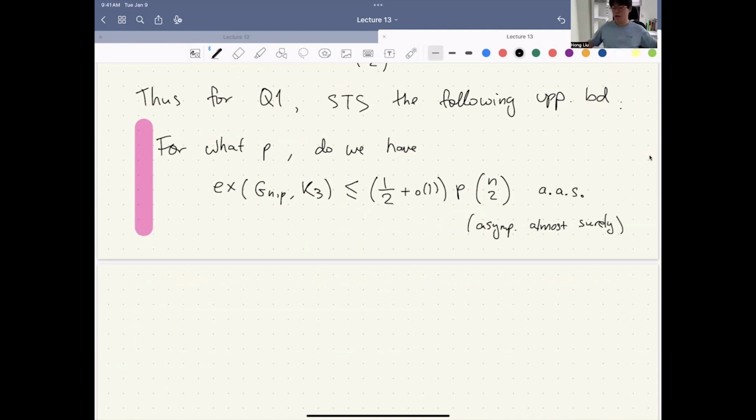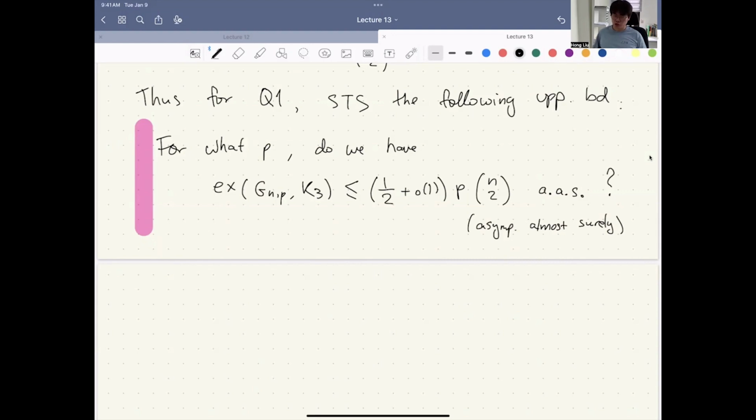It means it happens with high probability, this bound holds. This will be the translation, a sparse random analog of Mantel's theorem.